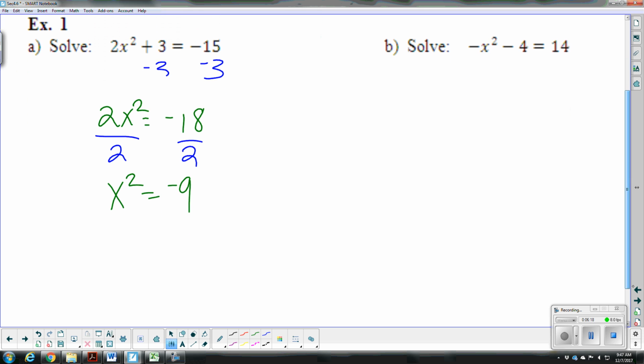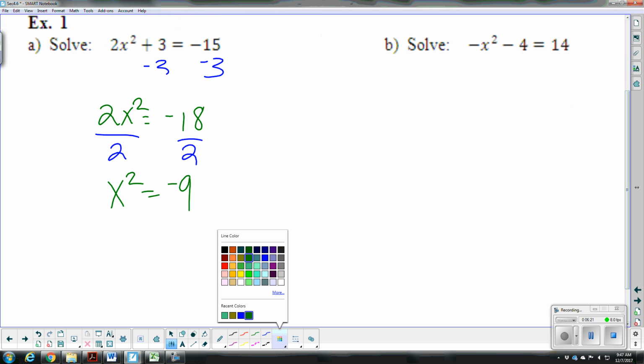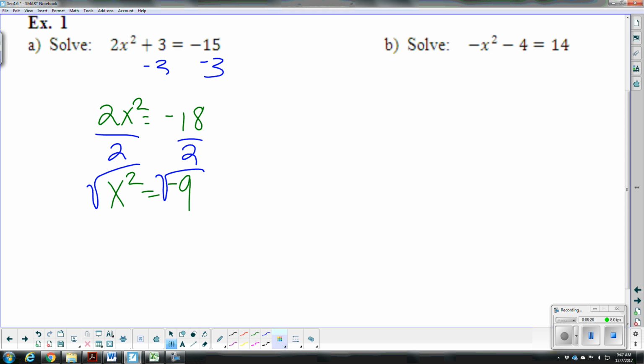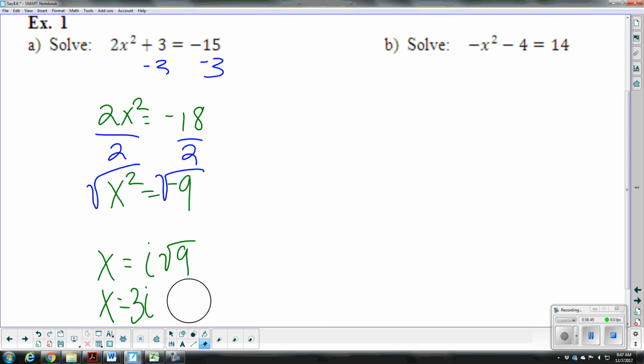Now again, you've always learned that you can't take the square root of a negative number, but now that we have these imaginary numbers, we can do that. So we're going to take the square root of both sides, and we get x equals i times the square root of 9, which is x equals 3i. Or sorry, let me rewrite that.